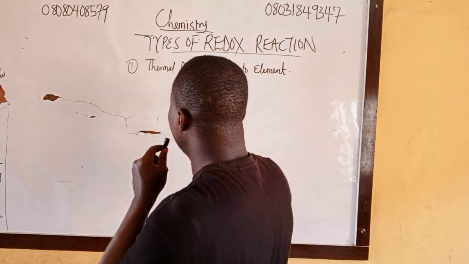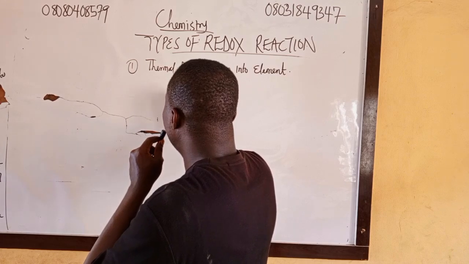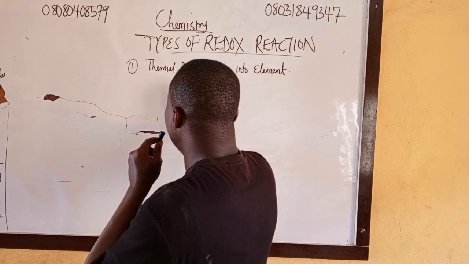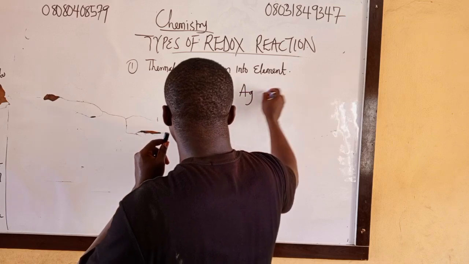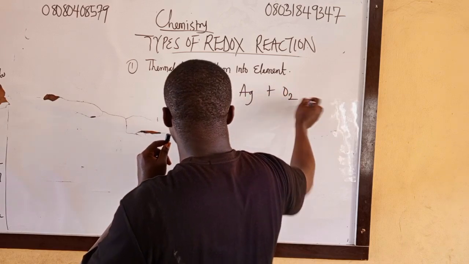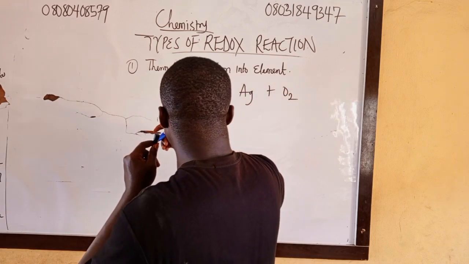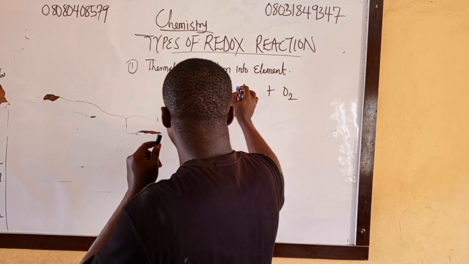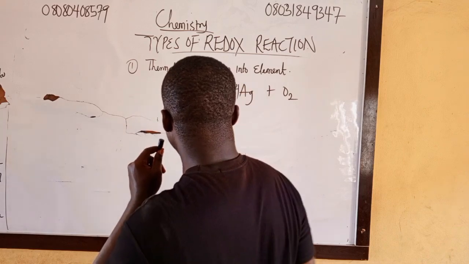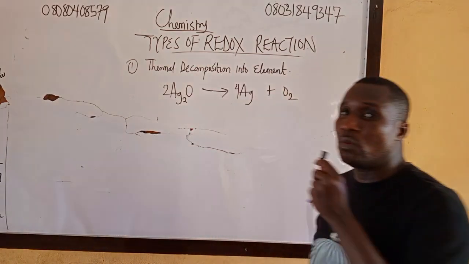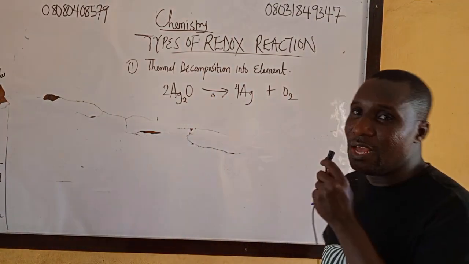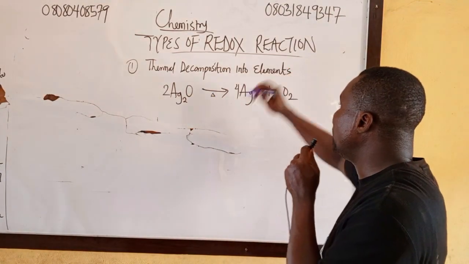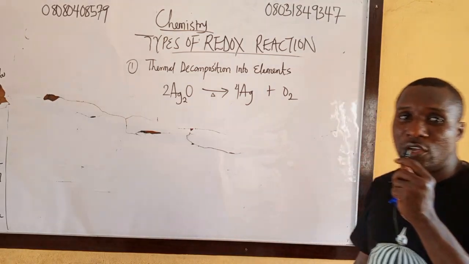An example is this: when you have silver oxide decomposed to give you Ag plus oxygen gas. If you balance the equation, put 2 here, put 4 here, the equation is balanced. When you have this thermal decomposition into elements, it's an example of a redox reaction.